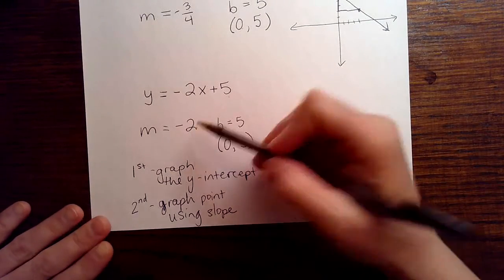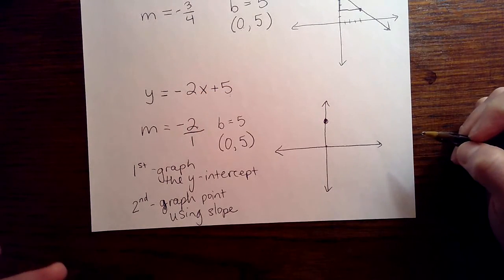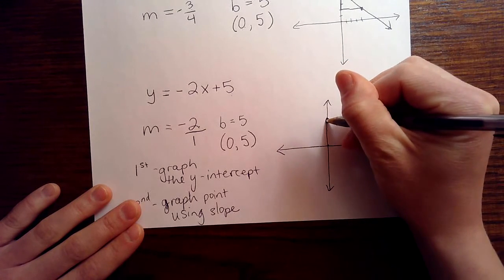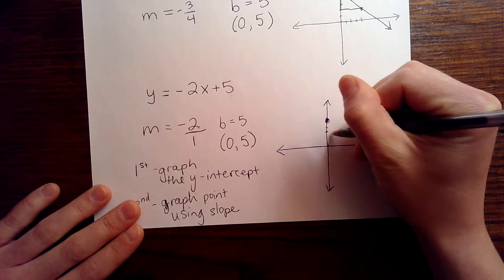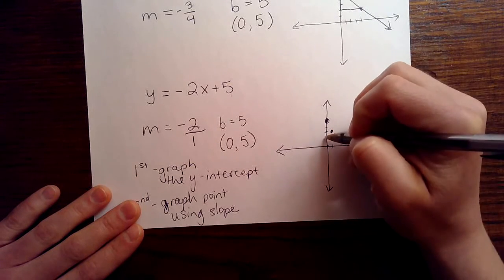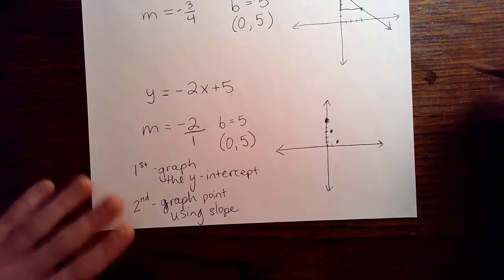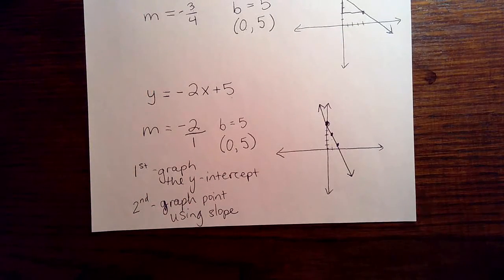Remember, just like our quiz, that can be written as a fraction over 1. That was actually the answer from one of our quiz problems. So to get the next point, I take that rise, negative 2 means down 2, and run means right 1, and I can graph another point. I can do that again, down 2, over 1. Then to finish graphing the line, I need to connect the dots. Much of our homework is going to center around these skills.